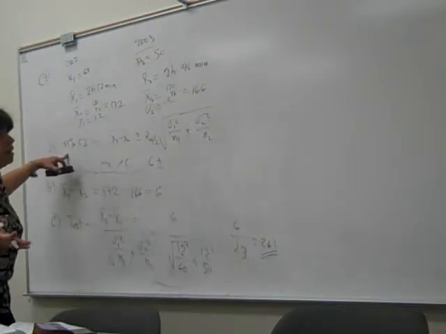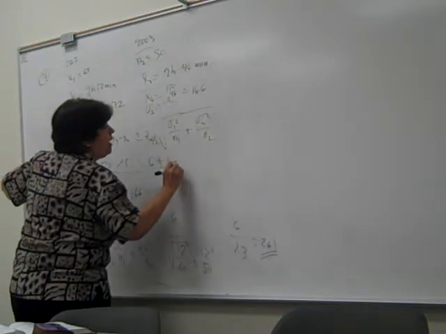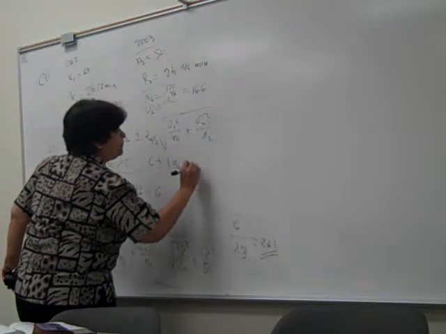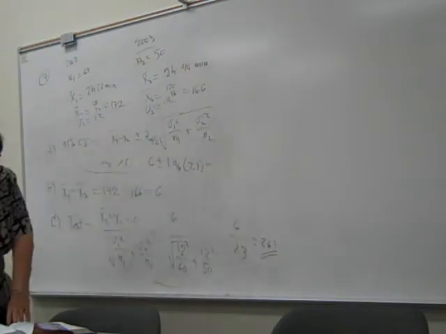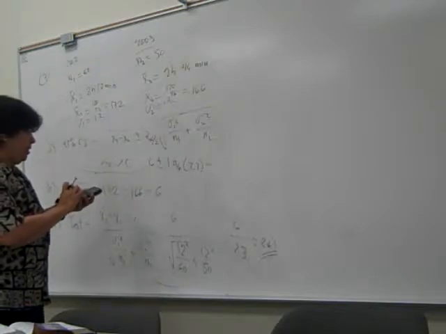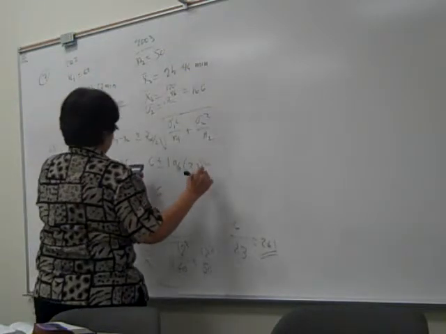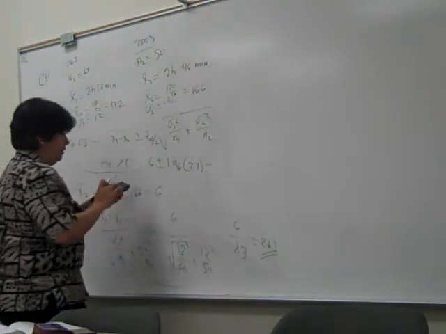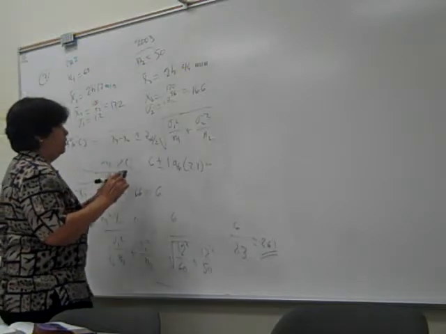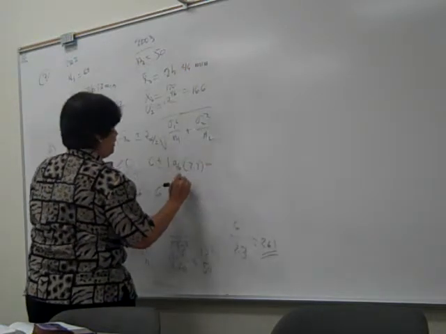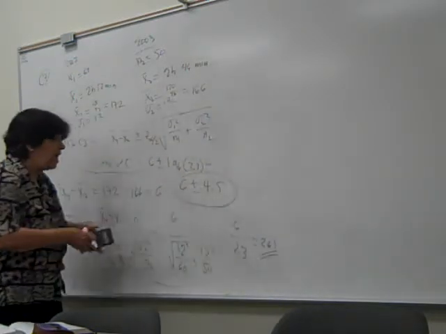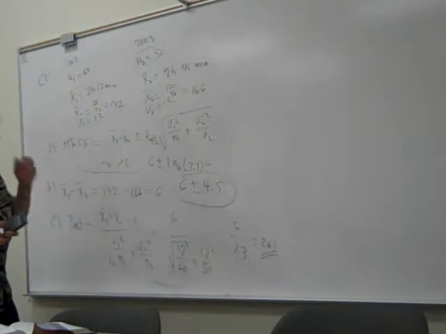With 95% confidence, that is 1.96 times 2.3, which is 4.5. So it's 6 plus or minus 4.5. That is the 95% confidence interval.